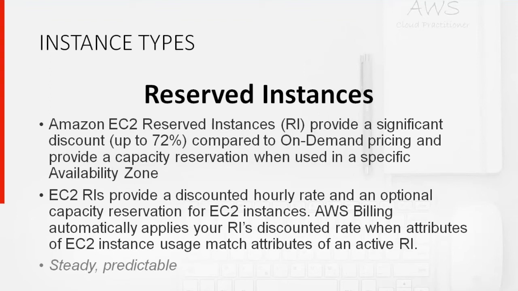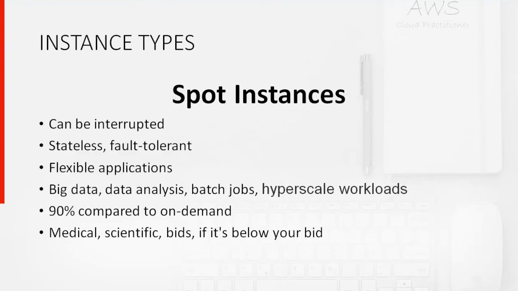AWS billing automatically applies your RI's discounted rate when attributes of EC2 instance usage match attributes of an active RI. Steady, predictable usage. Instance types. Spot instances can be interrupted. Stateless, fault-tolerant, flexible applications, big data, data analysis, batch jobs, hyperscale workloads, medical, scientific. Up to 90% off compared to on-demand. Your instance runs if the spot price is below your bid.